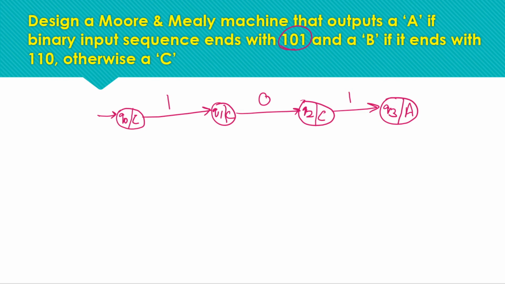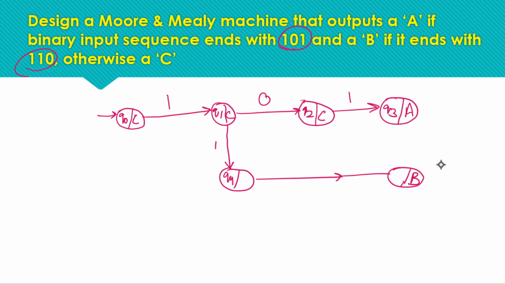Now look into another pattern, that is 110. So 110 is starting from the second 1, meaning Q1. So here we have 1, 1 and 0. Here we have the output b if the string ends with 110.